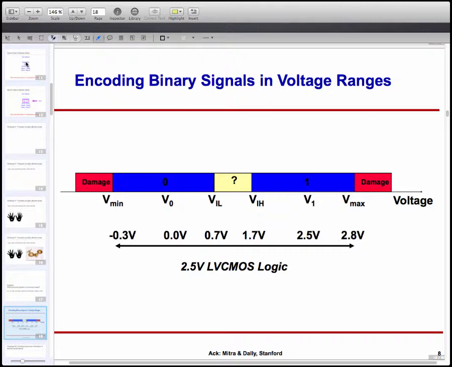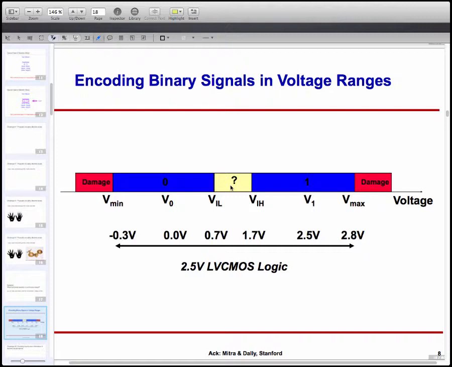In this case, we have taken the voltage range and defined a range for 0, which is this blue colored one, and a range for 1. If the voltage is in this upper blue range, we'll call it a 1. If it is lower than Vmin or higher than Vmax, then we are in territory where the circuit can get damaged, so we should never be there. And then in the middle is an ambiguous region. It's neither 0 nor 1, but we have put in a gap. We'll see the reason behind this gap in a short while.